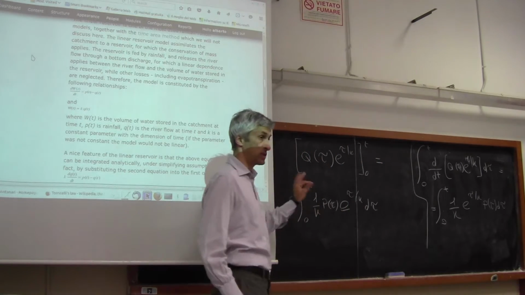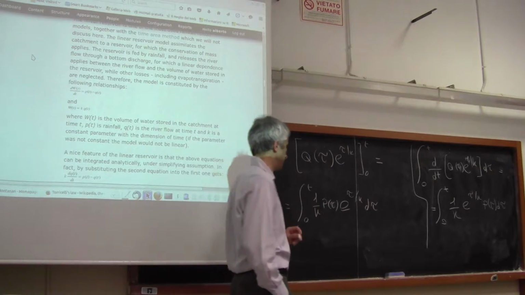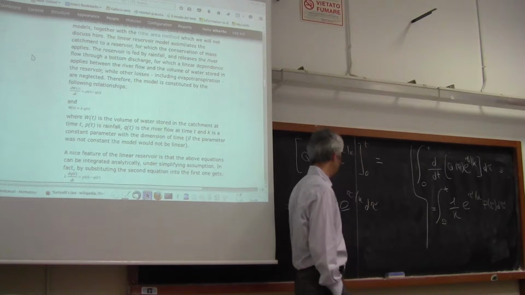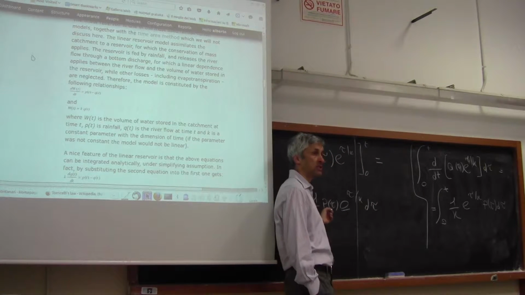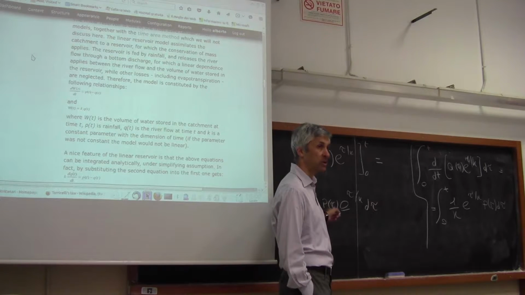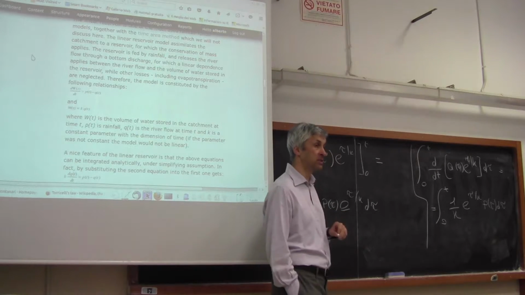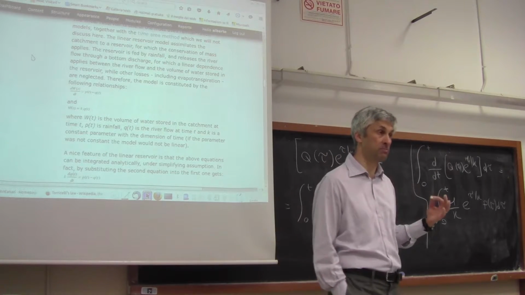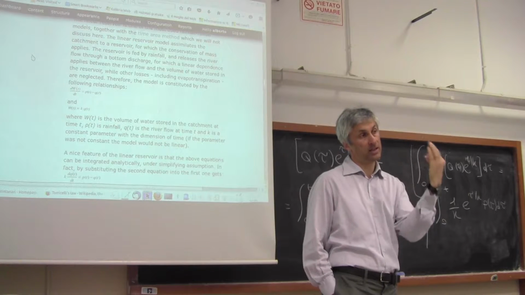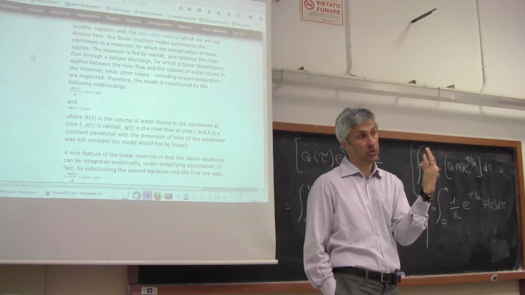So I'm not solving the second one so far. I'm not solving the second one because in order to solve the second integral, I need to give a shape to the function p(tau), which is in general not given because precipitation is observed, but it's not characterized by an analytical relationship.